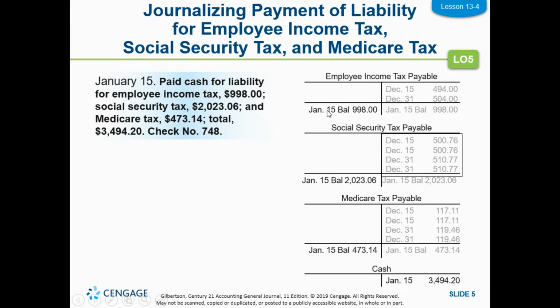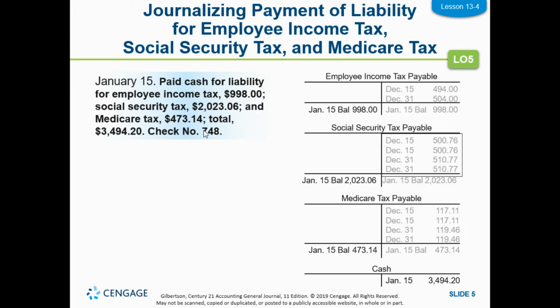We have to do it by the 15th of the following month, January 15th, through the EFTPS system. Now, I'm going to challenge the thinking of the textbook here, because this says check number 748. Disagree with that, because you're going to be doing an electronic funds transfer. It would probably be more like a memorandum entry, because you're not going to have a check. It's going to come right out of your checking account.